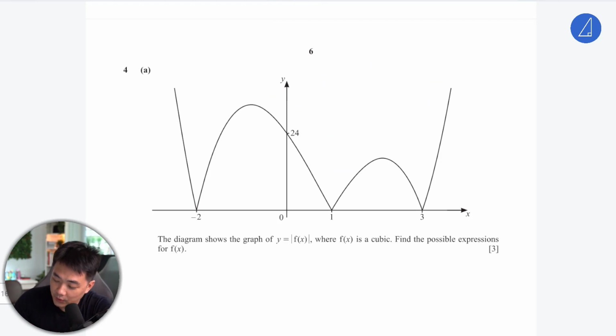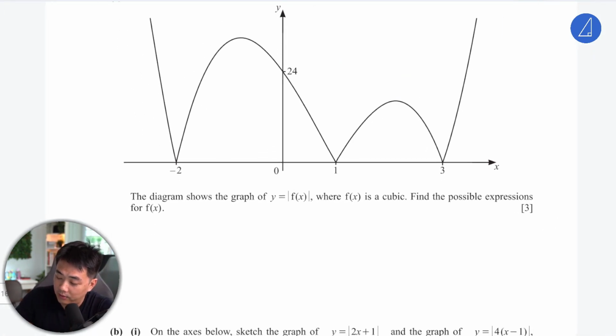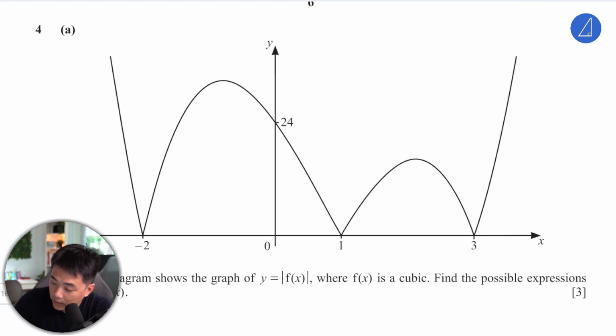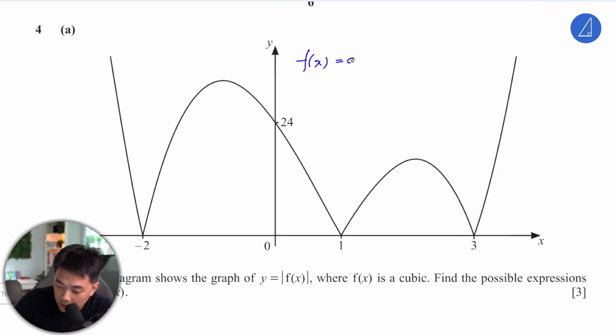I think question 4 is interesting too. So f of x is a cubic expression. Find a possible expression of f of x. Oh, okay, great. So what I'll do is essentially, knowing that my expression here could be, f of x equals a times (x minus alpha)(x minus beta)(x minus gamma).